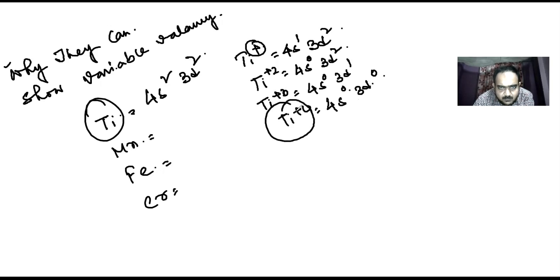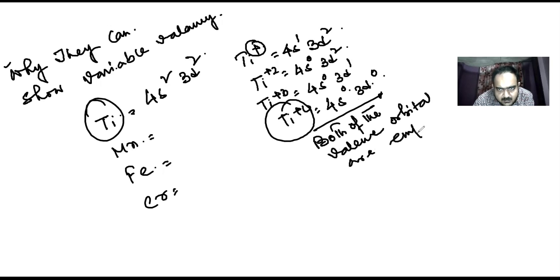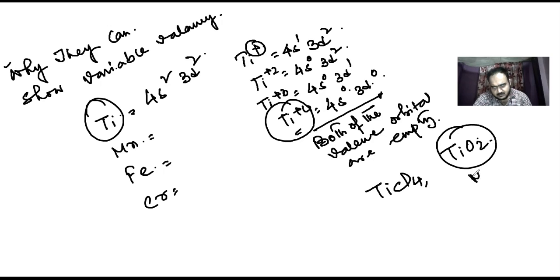This one is the most stable form actually, because both of the valence orbitals are empty. So three types of stabilities are there: half filled, fulfilled, empty. This is empty in nature. That's why Ti in plus 4 is stable, and you can see a max number of compounds: TiCl4, titanium tetrachloride, TiO2, titanium dioxide, used in medicinal use, coloring agents.